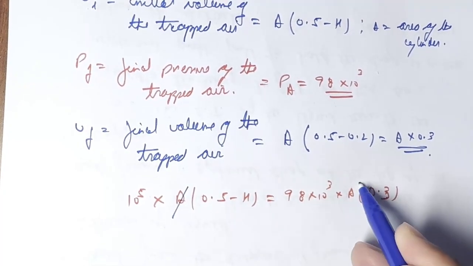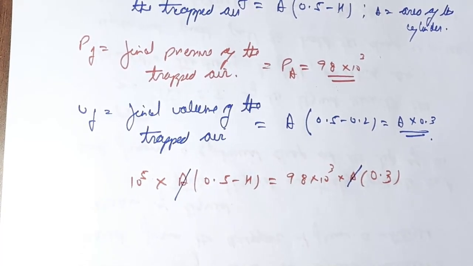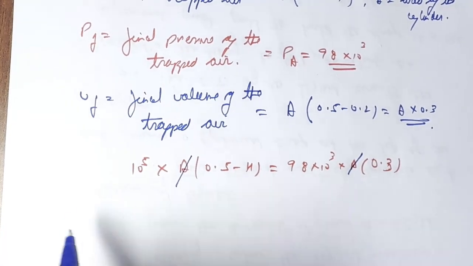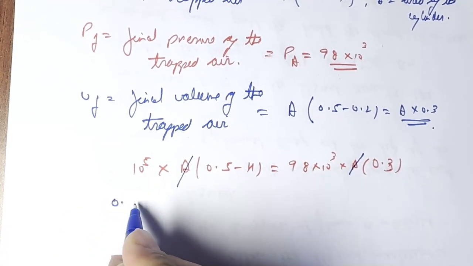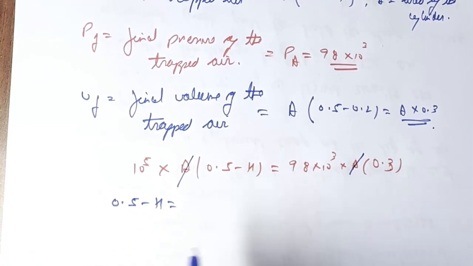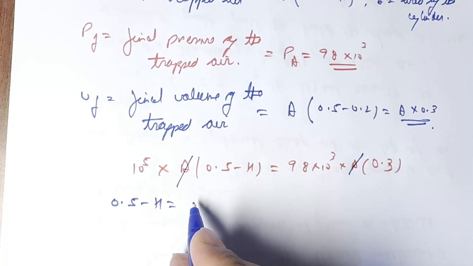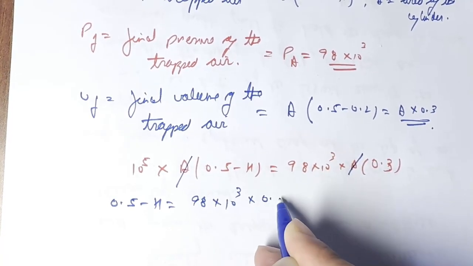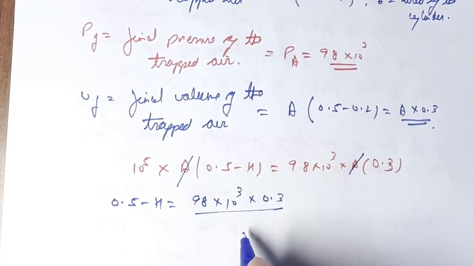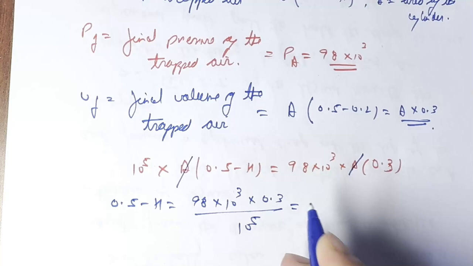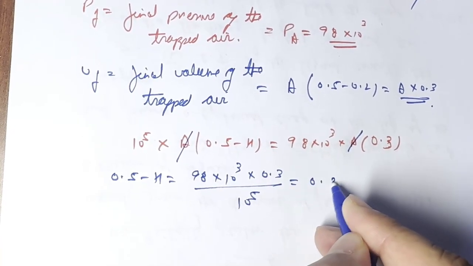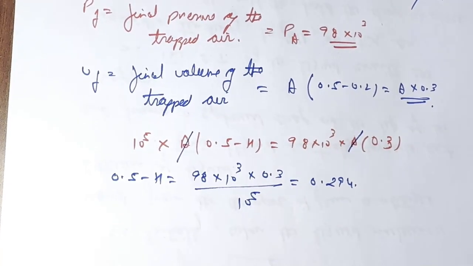This A cancels with A, and we can write 0.5 minus h will be equal to 0.98 × 10⁵ multiplied by 0.3 divided by 10⁵, which comes approximately equal to 0.294.